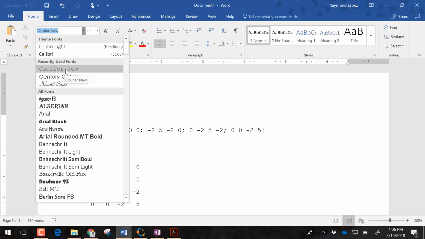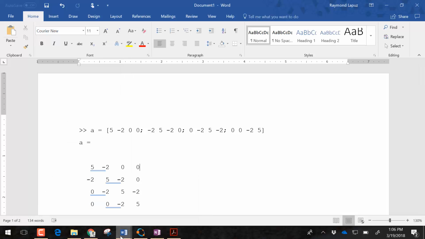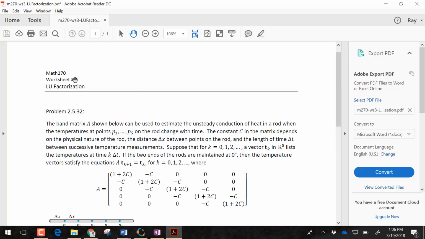Worksheet number 3. 4? Oh, so this should be 4? Sorry.